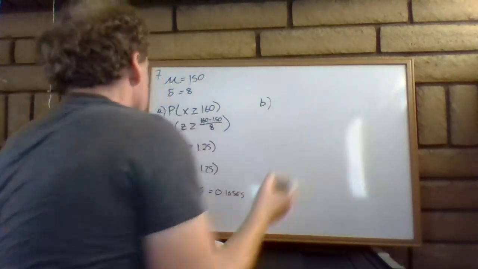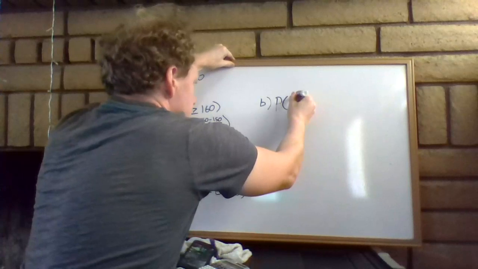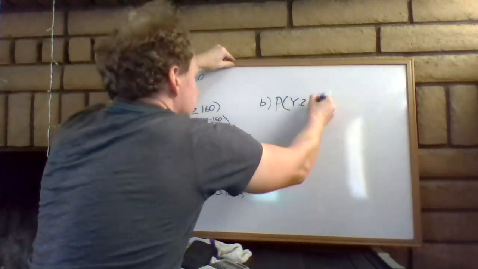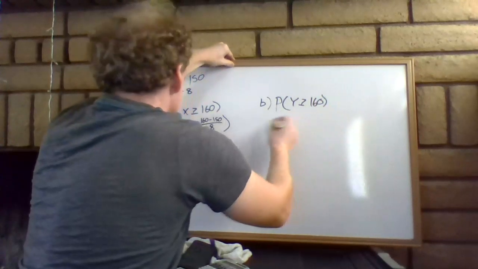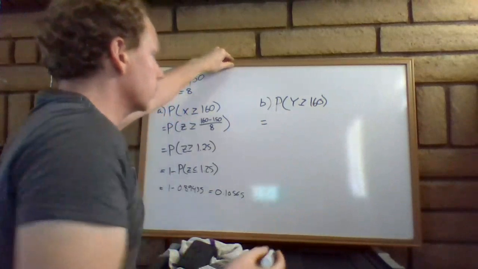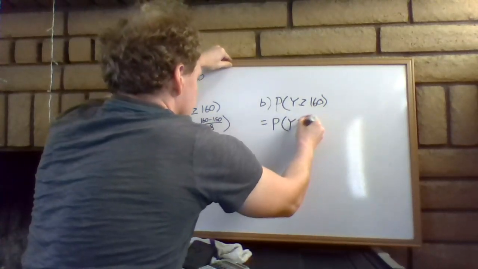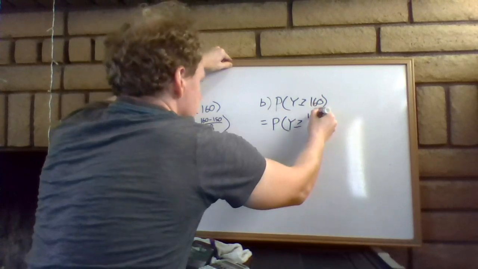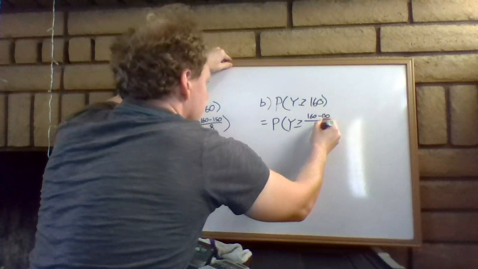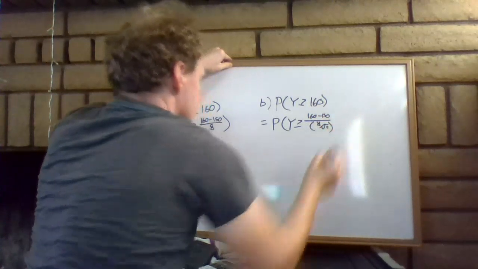So basically we'll do the same probability, let's call this y since it's a different variable we're looking at, 160. And when we turn this into a z-score, we're going to divide it by the square root of our sample size. So 160 minus 150 divided by 8 divided by the square root of 9, which is our sample size.